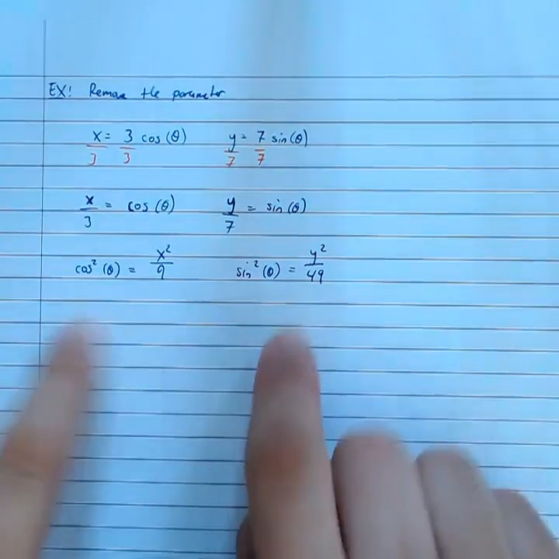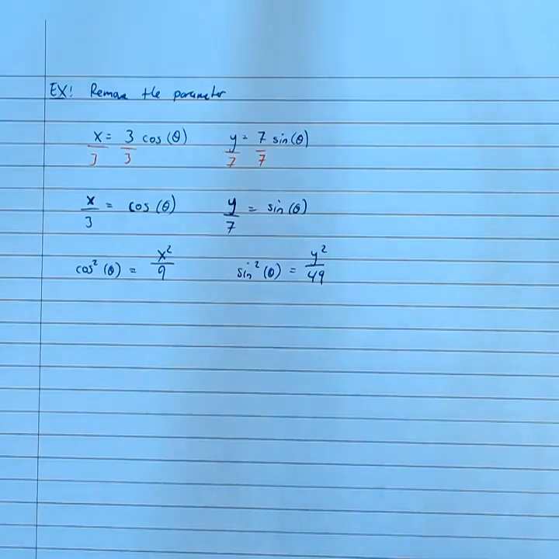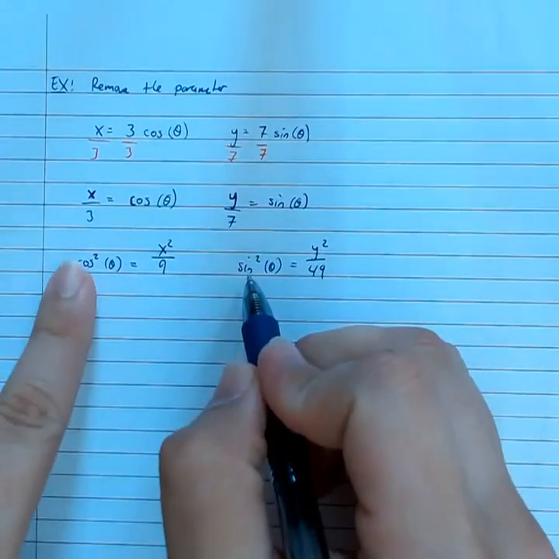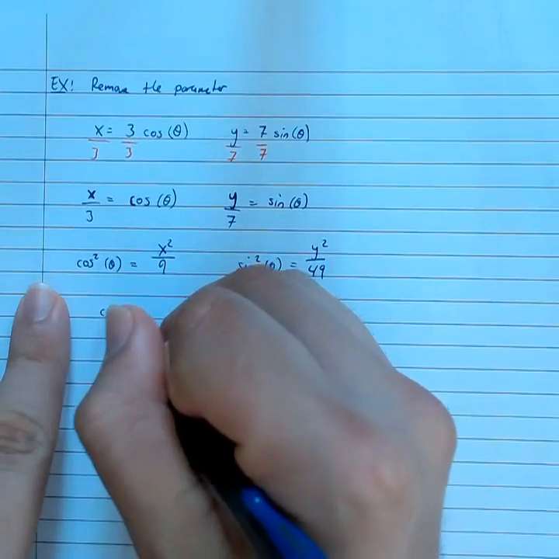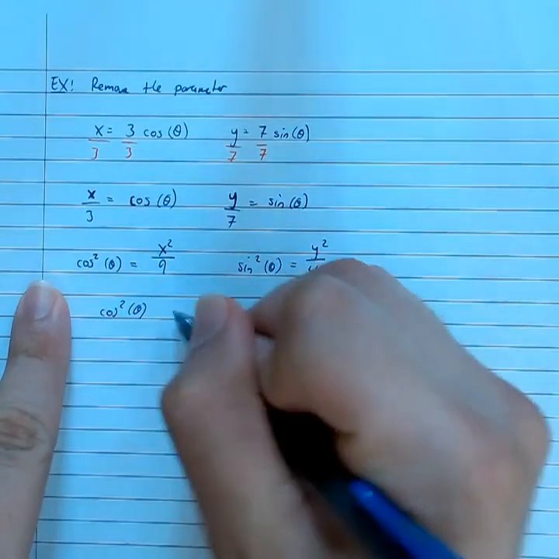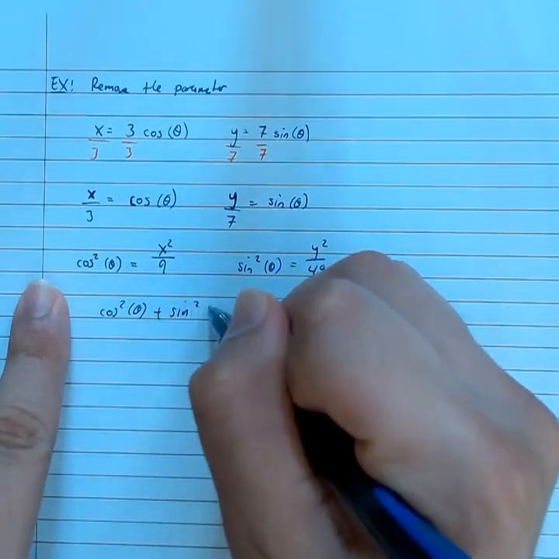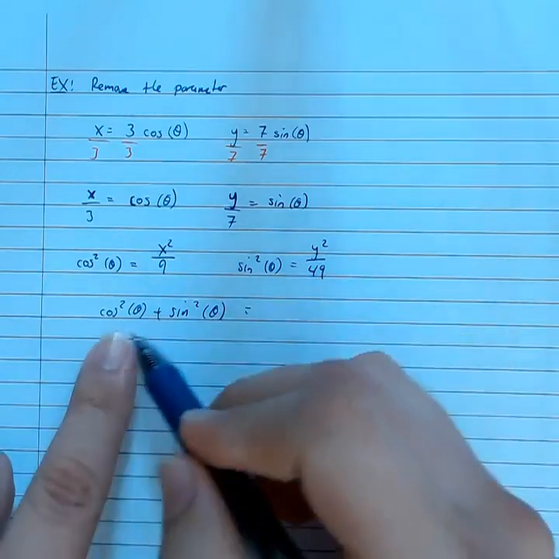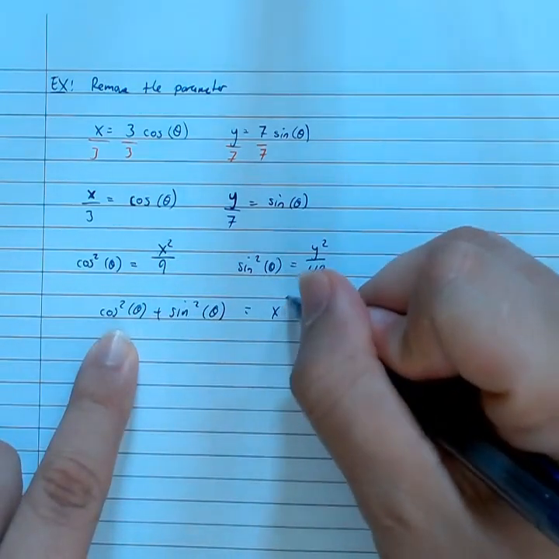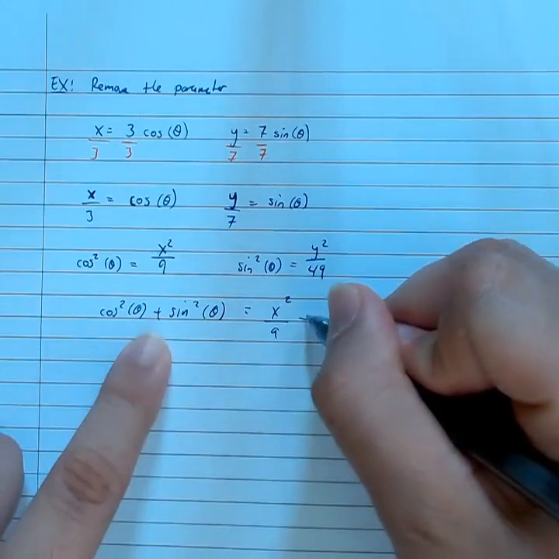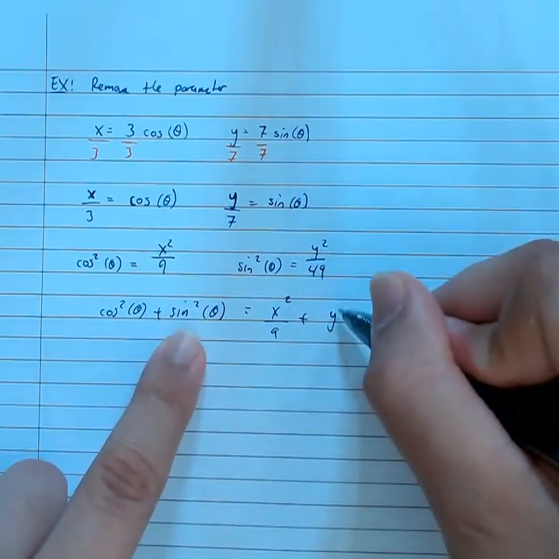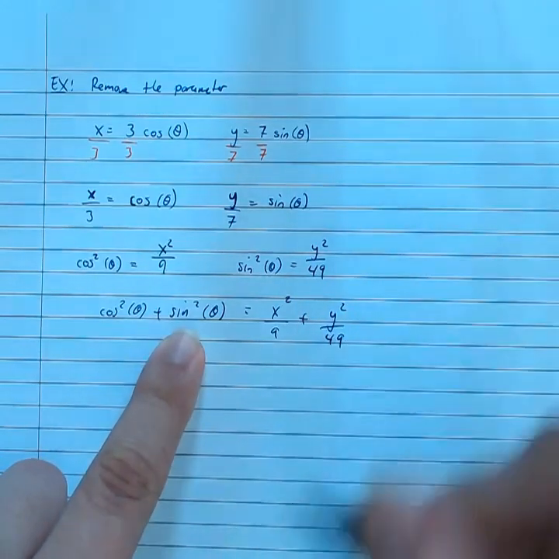Well, now, let's add these two together. Cosine squared of theta plus sine squared of theta. Well, cosine squared of theta was x squared over 9 plus sine squared of theta was y squared over 49.